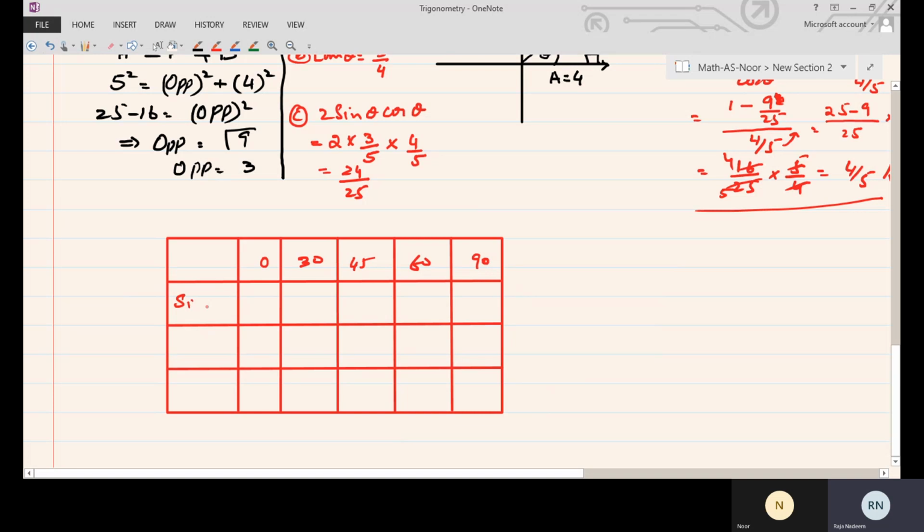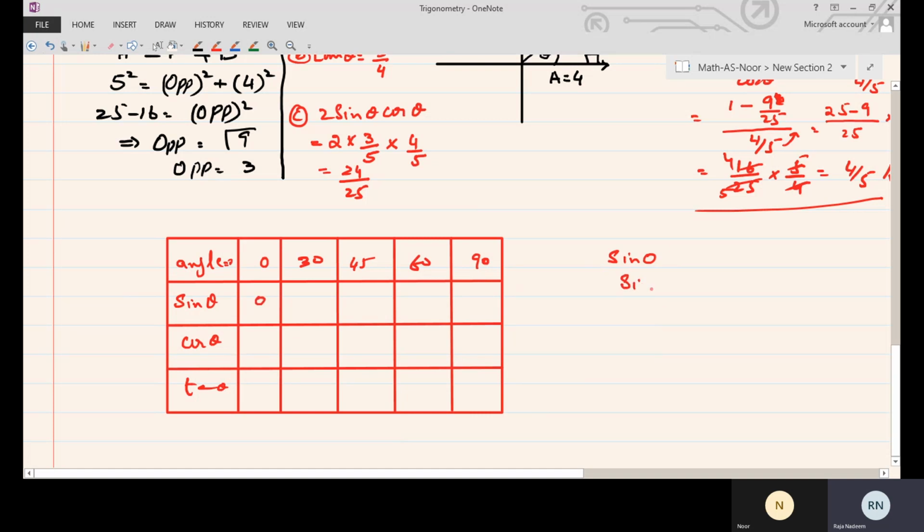This is sine of an angle, cos of an angle, and tan of an angle. So angles and ratios. Sine of angle theta. When you take 0, you can use the calculator and check what it gives you for sine at 0 degrees. It would be 0.